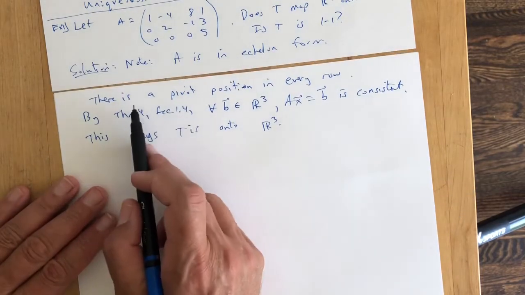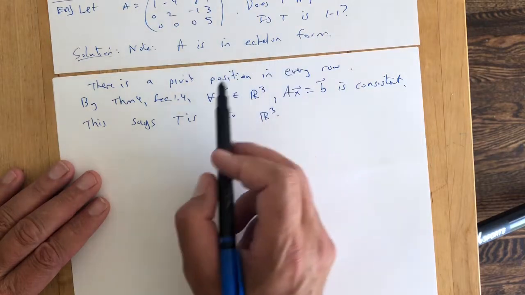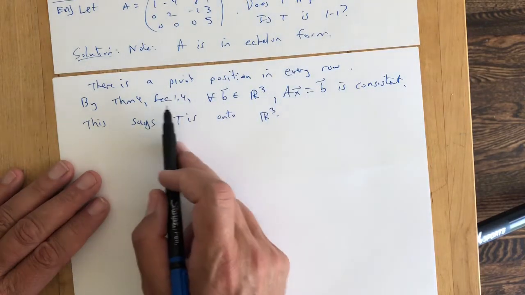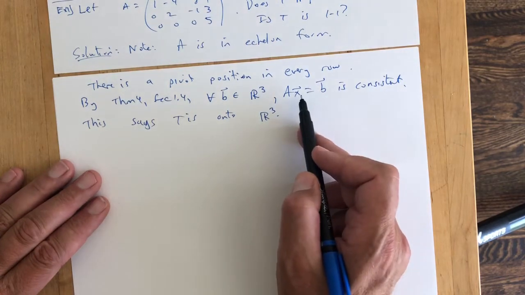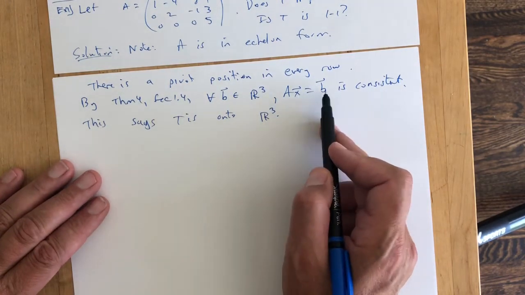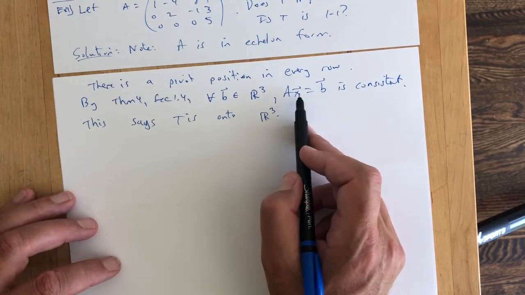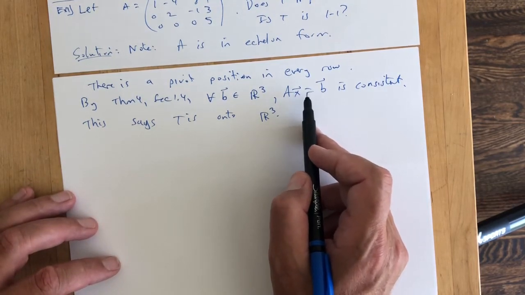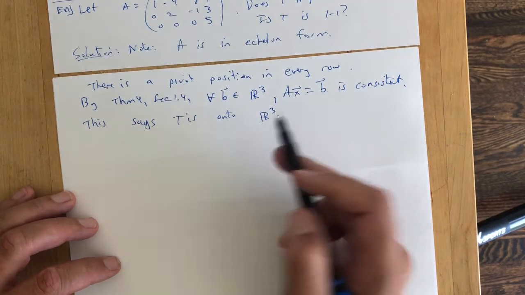Using theorem 4, since A is in echelon form and there's a pivot position in every row, for every b in R3, there is at least one solution to this thing. There might be a bunch. It could be infinitely many or two or something, but there's at least one. So one exists, and this says that T is onto.